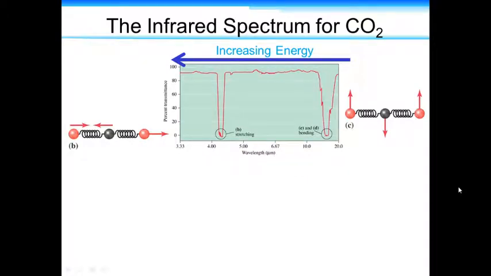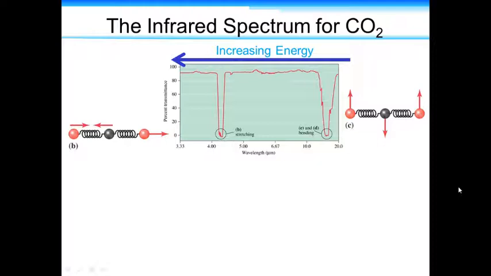Now we can identify if a molecule absorbs infrared radiation by looking at what is called an IR spectrum. Basically, what we have is an instrument that shoots infrared light at a sample, in this case carbon dioxide, and it determines how much and what frequencies of light or wavelengths actually made it through the sample.